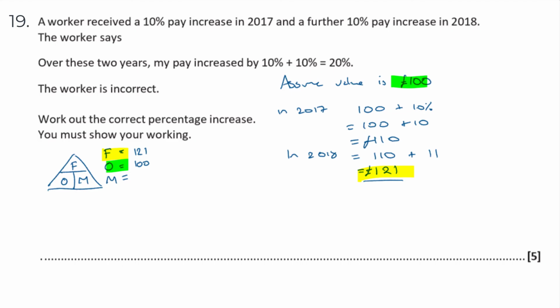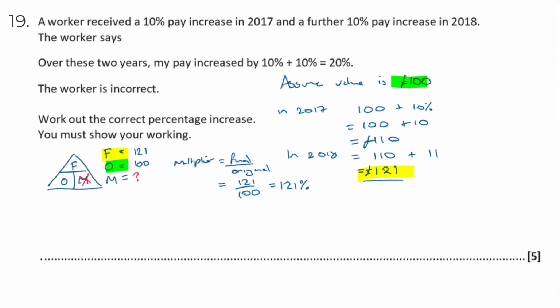The multiplier is what we're trying to work out, that's what we're trying to find. So let's cover up the thing we want to find, the M, and then the multiplier is equal to the final over the original, according to my triangle, which is 121 over 100, which as a percentage is just 121%, isn't it?